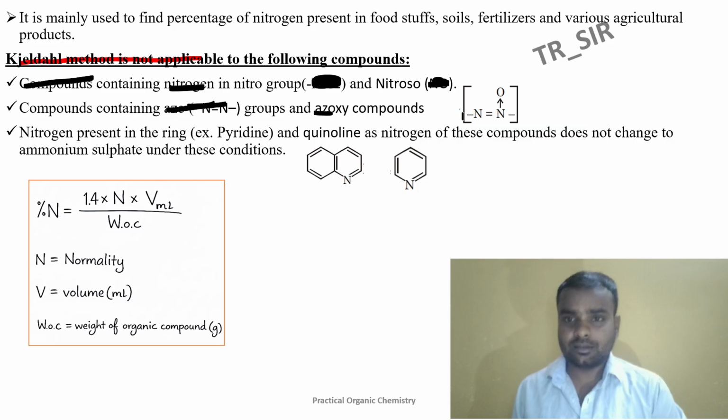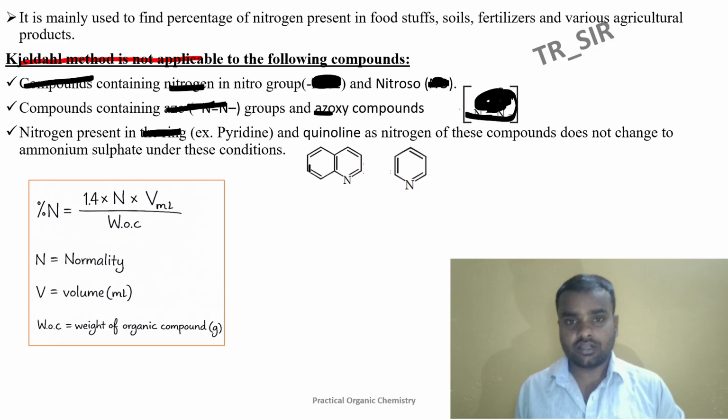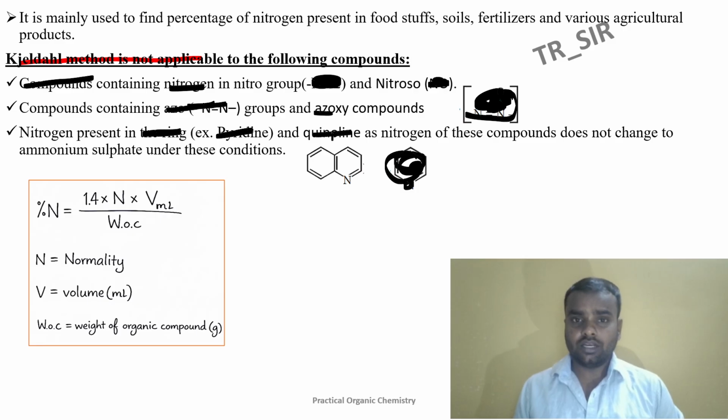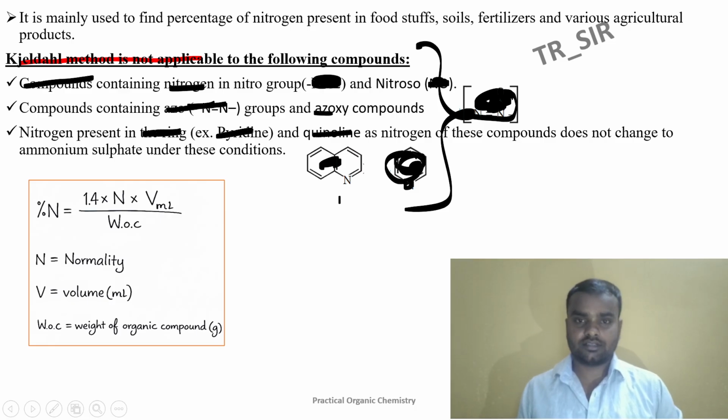Azoxy compounds also, like this. Nitrogen present in a ring also will not give it, for example pyridine, which is a ring having nitrogen. Quinoline also will not give this test. That is a major theory question that will be framed on these four points.